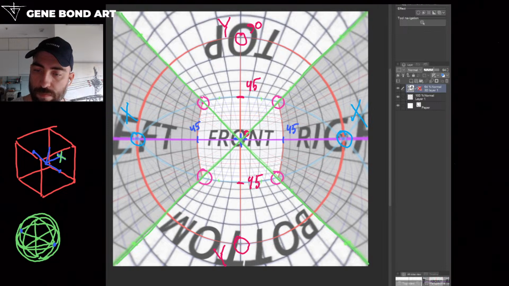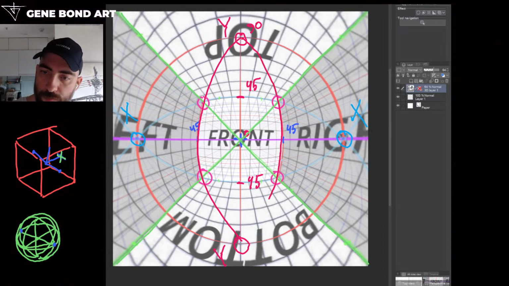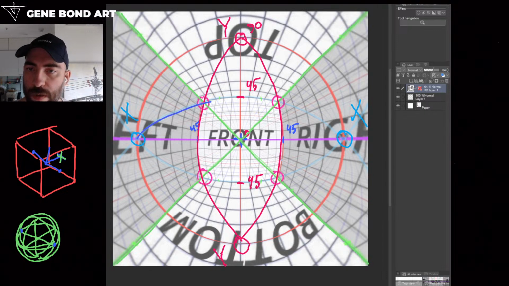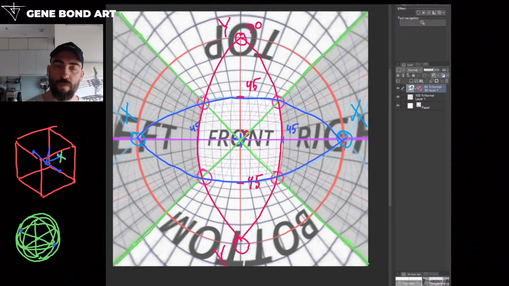Then the y-axis goes through this corner, and the x-axis goes through this corner.